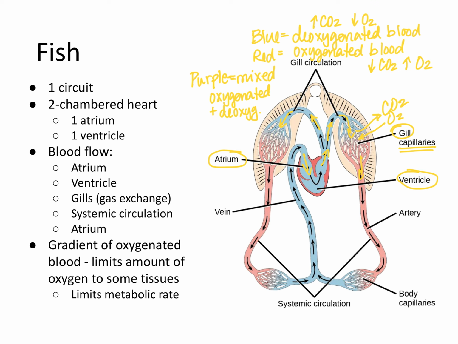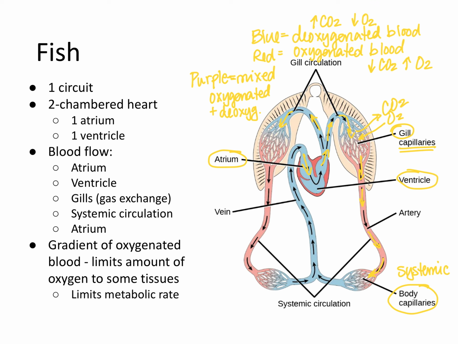So you can see in this diagram that the heart is essentially sending out deoxygenated blood to the gills, where it picks up oxygen and drops off carbon dioxide. And then that oxygenated blood is going to move through the blood vessels to the systemic capillaries. These are the body capillaries, or we could call them the systemic capillaries.